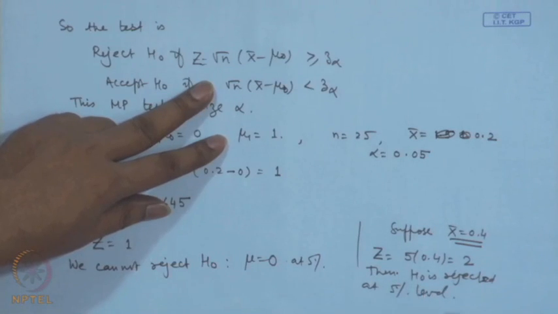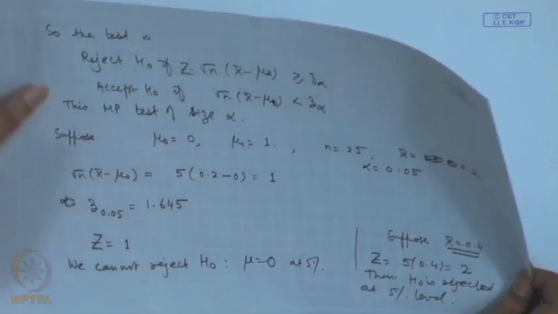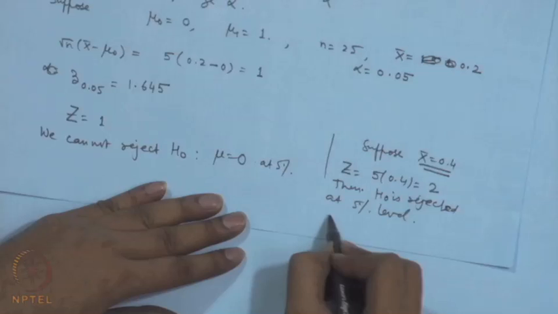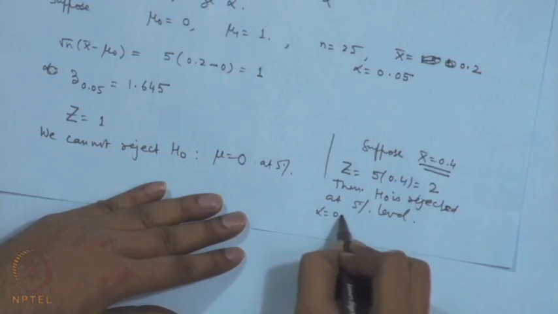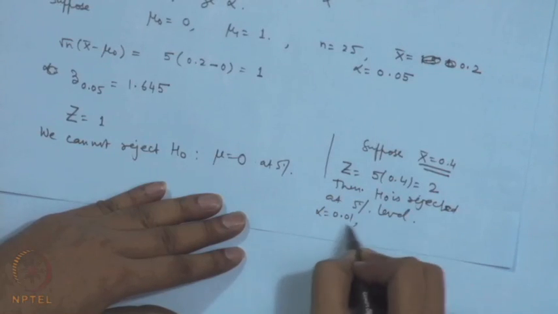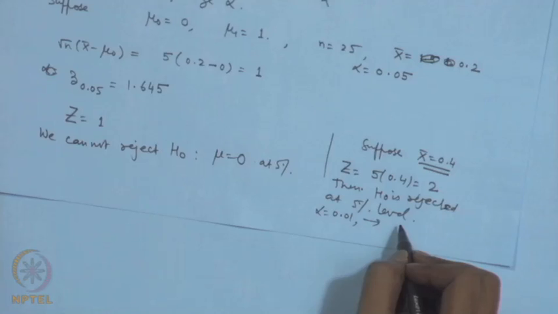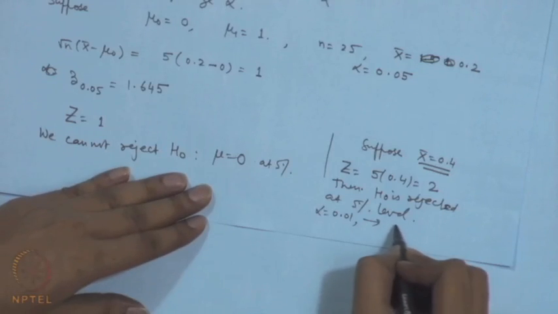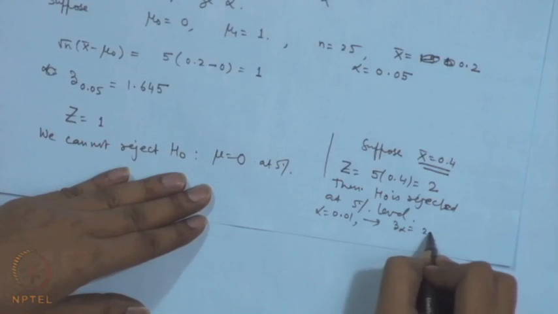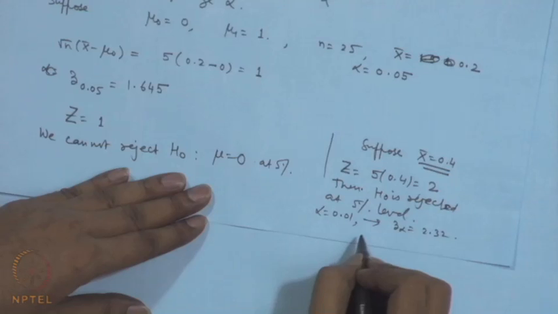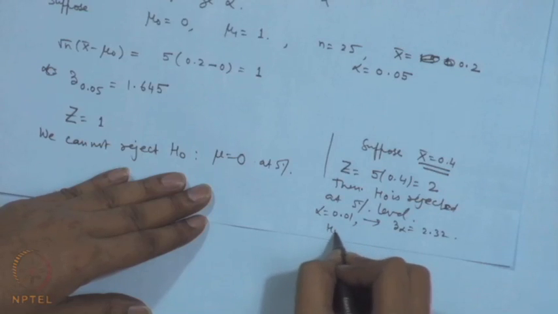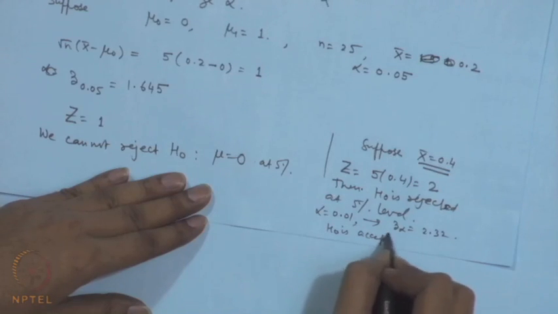But if I change the level of significance, it may still be possible to accept this. For example, if I take say alpha is equal to 0.01, then I will get z alpha is equal to 2.32 and here I will get H naught is accepted.